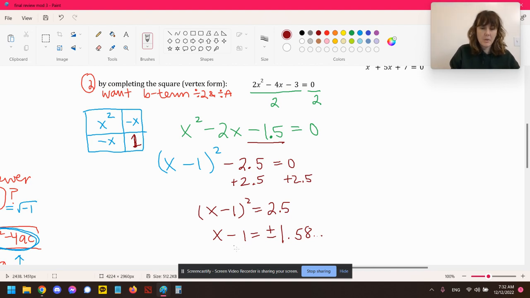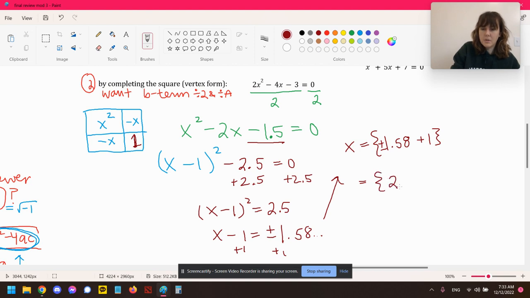Right, and then I'm going to add 1 to both sides and get that my x's are either plus or minus 1.58 plus 1. So positive 1.58 plus 1 is 2.58, and negative 1.58 plus 1 is negative 0.58.